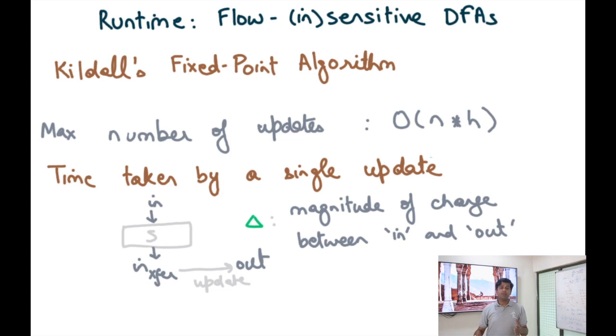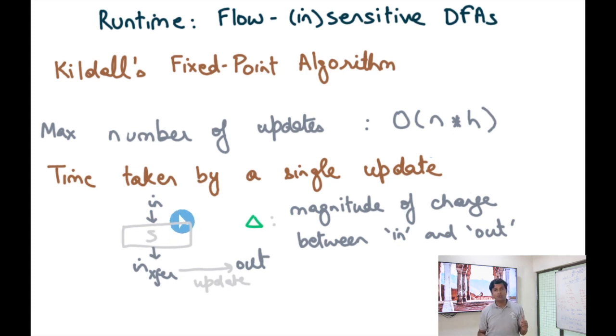Finally, we have already characterized the maximum number of updates. We have also characterized the time taken between 2 updates. The third thing we need to characterize to be able to characterize the overall running time is the time taken by a single update. So recall that when we do an update, let's say we are doing an update across an instruction S, then we have some input value at the beginning of S. Once again, without loss of generality, I'm assuming a forward DFA.